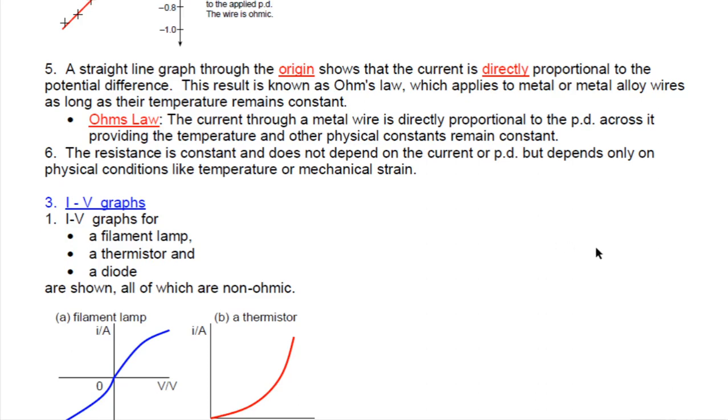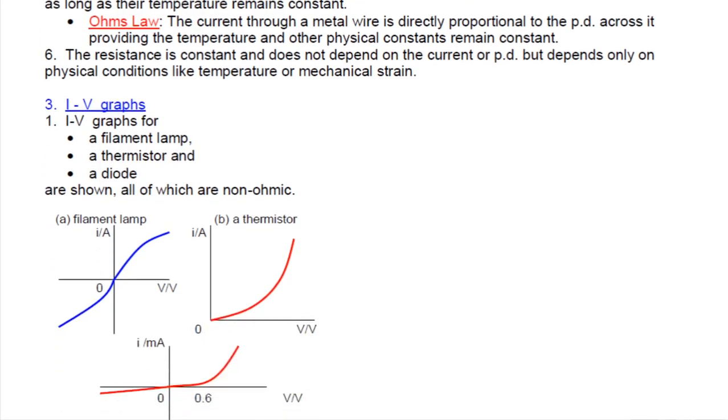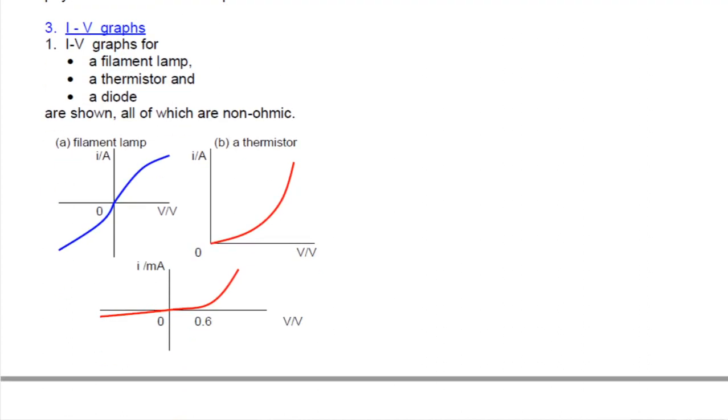Now, IV graphs. The IV graph of a metallic conductor, we have shown that it is a straight line that passes through the origin. The IV graph of a filament lamp is like that, so it curves outwards like this. If you had to reverse the terminals like we did on the metallic conductor, it then curves the other way.